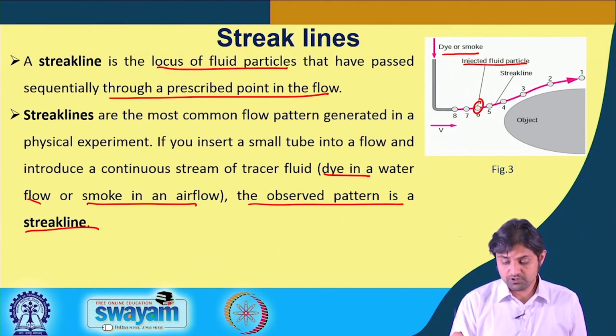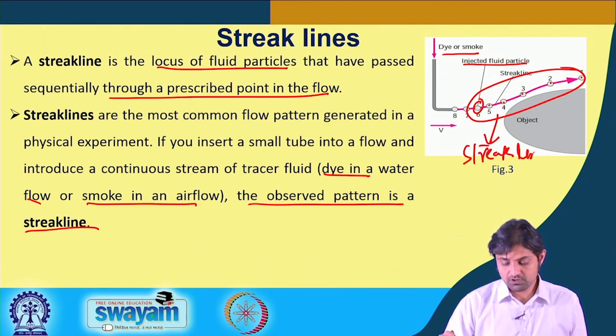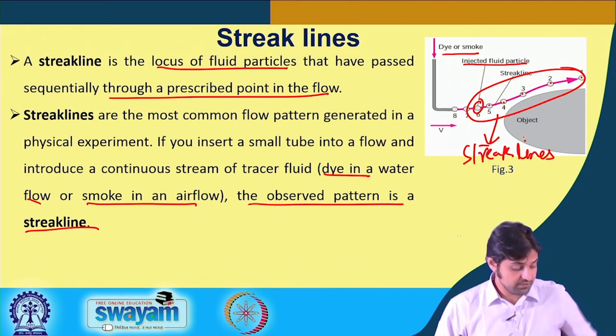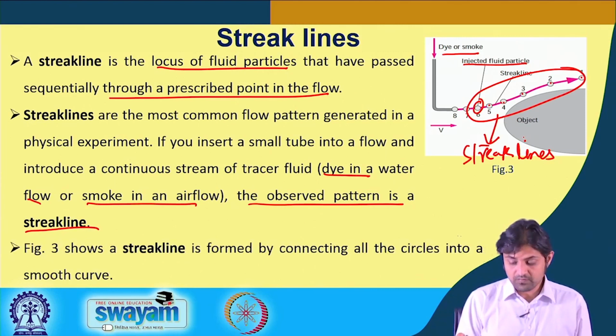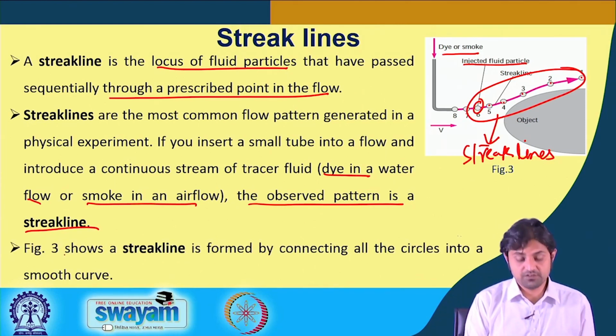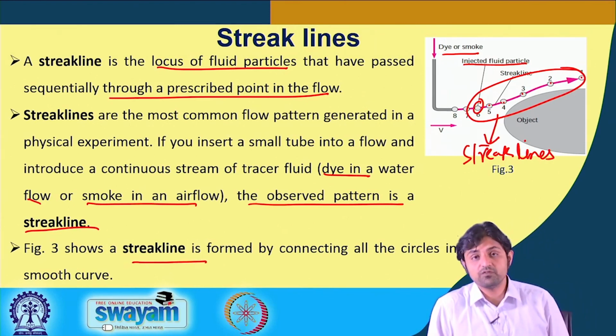So, it moves, and if we observe this, the locus or the path traced by this particle is called the streak line. You can always go to YouTube and see one of these streak lines, and this figure shows the streak line formed by connecting all circles into a smooth curve. Okay.